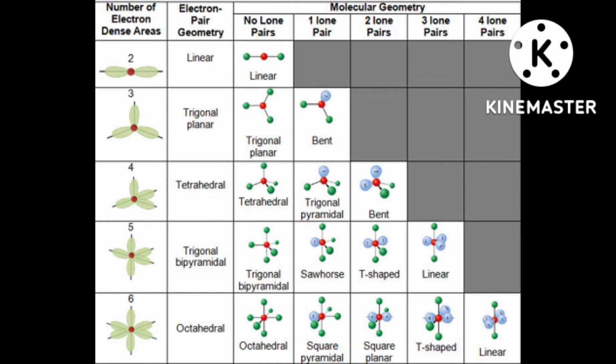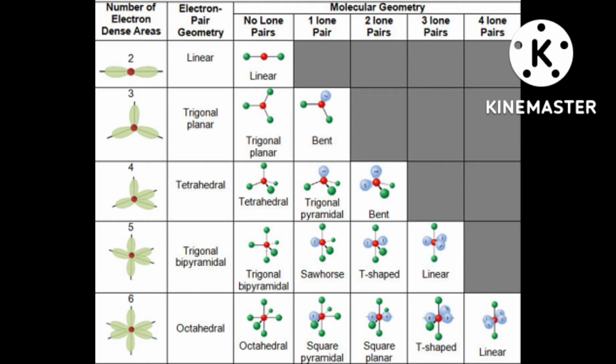And fourth, examples of molecules in which this type of shape is found. These four things you will find when no lone pair of electrons are there.